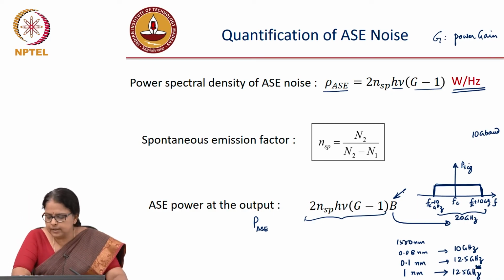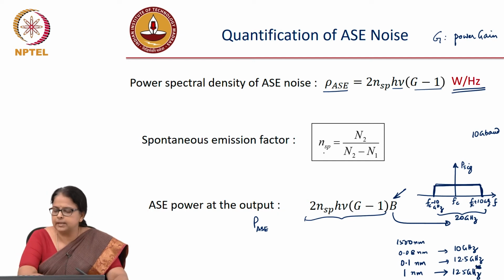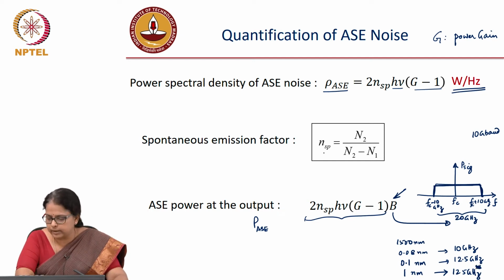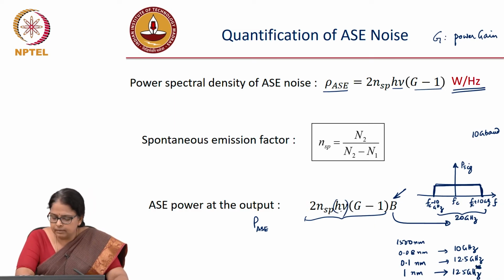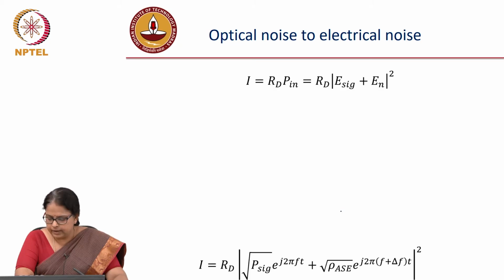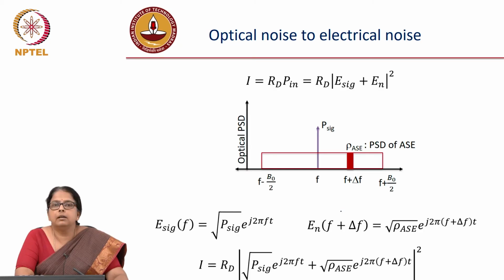To quantify this ASE, it is 2 times NSP, the spontaneous emission factor, N2 by N2 minus N1, times h nu, where nu corresponds to the frequency, times G minus 1, times B.